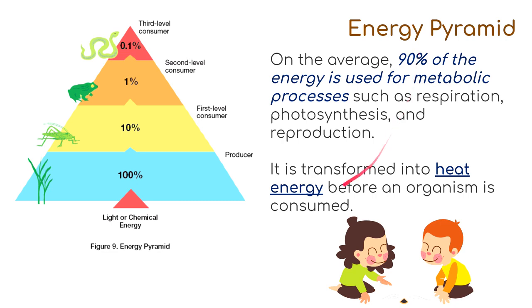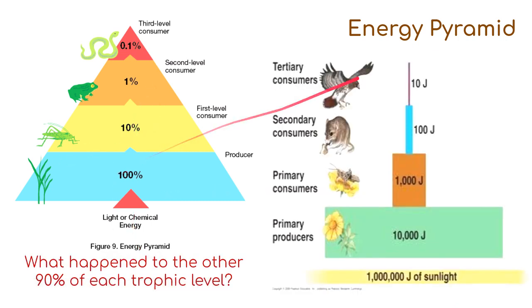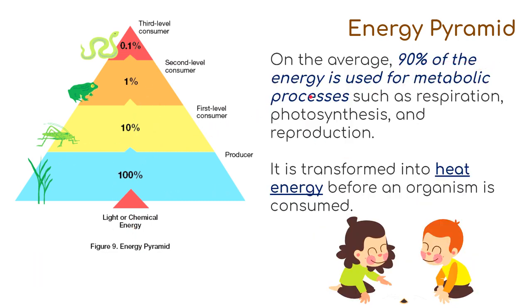On the average, only 10% is transferred because the remaining 90% is used by the organism for metabolic processes. These organisms are not heroes who only survive just to be eaten. They also use the energy that they have harvested for their own metabolic processes, for respiration, photosynthesis, and reproduction.